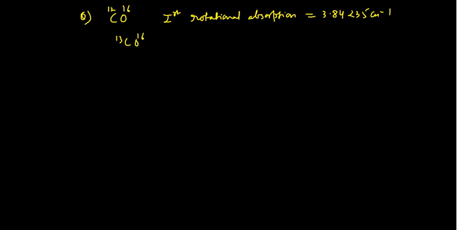And say if you are having this one, 13C16O, for this one also you have been given the rotational absorption values. Right now we know this 13C is there already, because carbon is having only two kinds of isotope, that's why I have written 13C, but this does not actually make sense because the question is based on this one also.